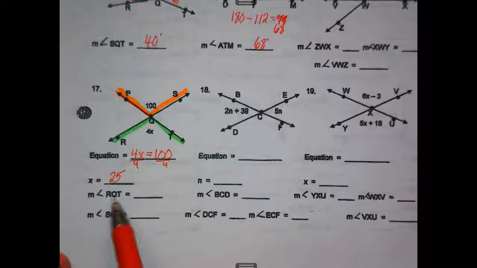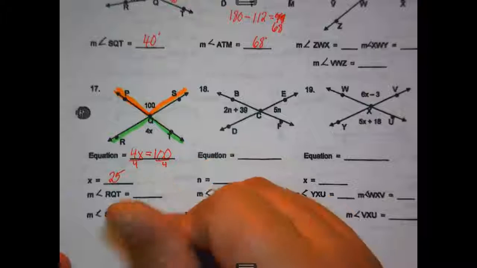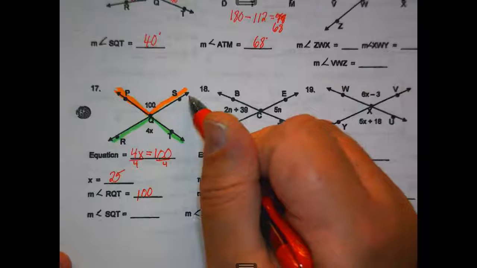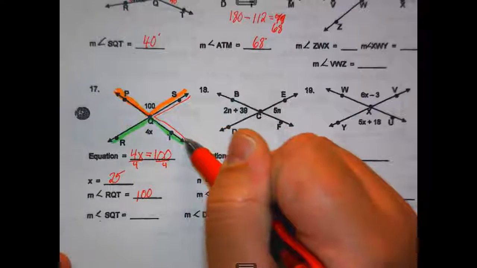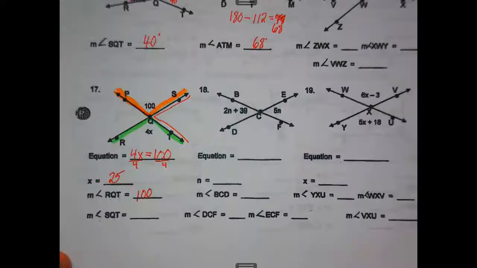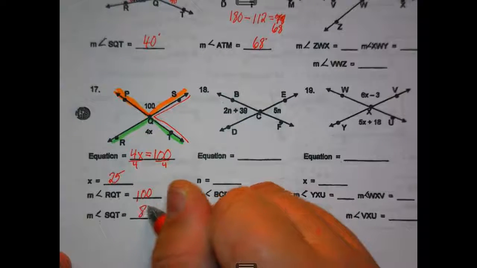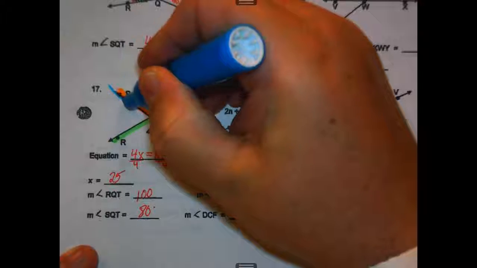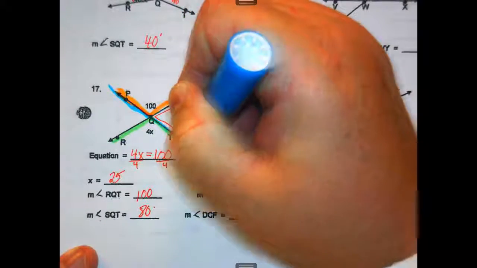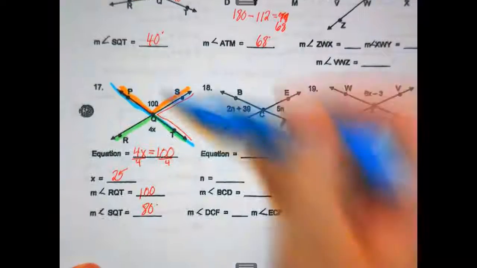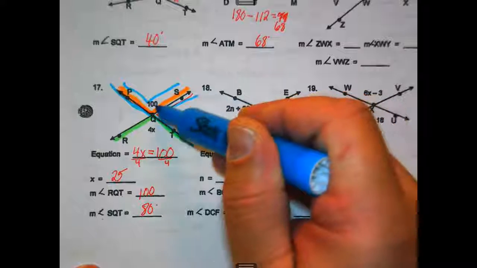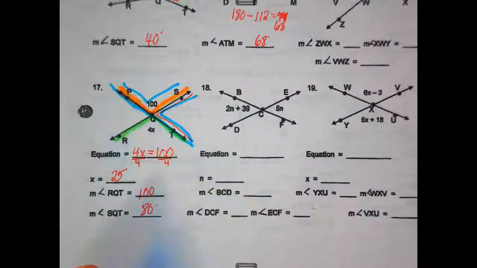Okay, angle RQT equals, we already said it's 100 degrees. And SQT, this angle here, is 80 degrees. 100 right there, and there's a straight line, and the rest of them have to be 80. Yeah, we're looking at supplementary angles. This one's 100, and then this one has to make a line, or 180 degrees.